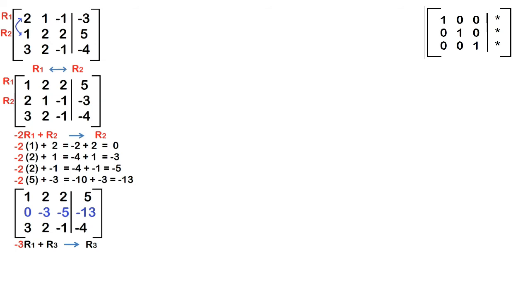To make 3 equal to 0, multiply -3 to row 1, add the product to row 3, and replace row 3 with the sum.